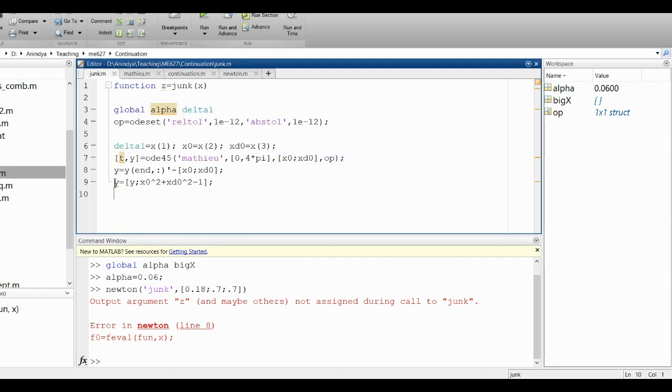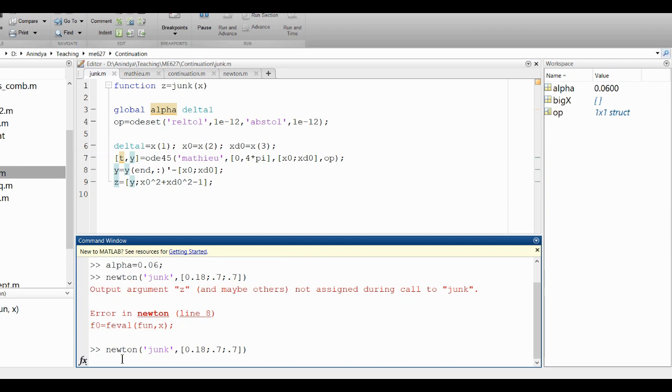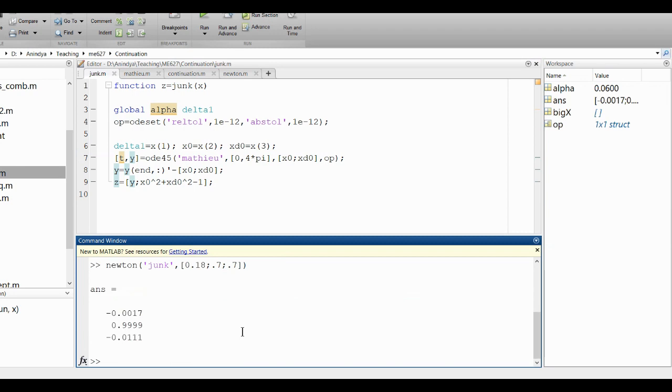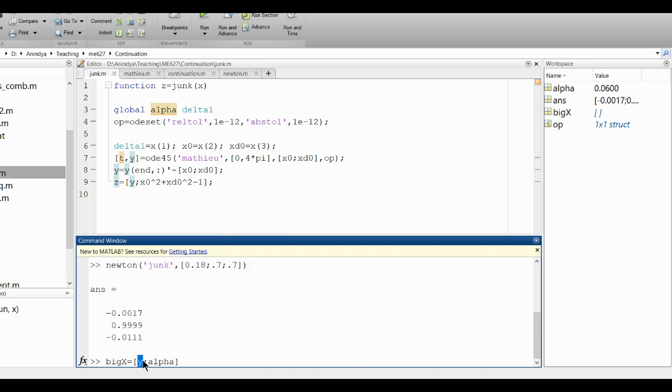This is Z. Let's see how that works. So it has given me an answer. Okay, so then what I have to do is I have to say big X is equal to this has to be answer. Okay, so it's given me an answer.